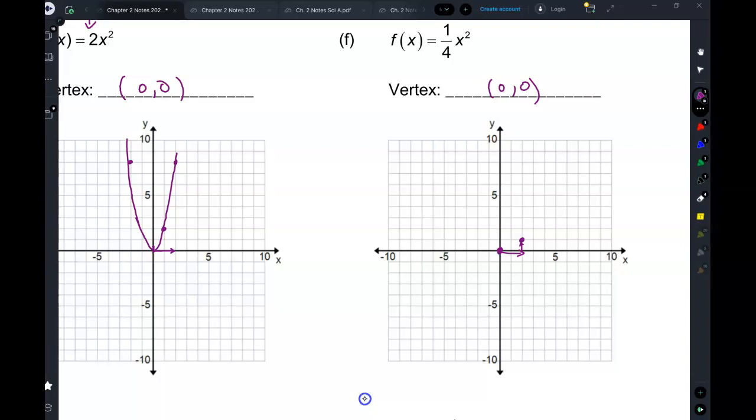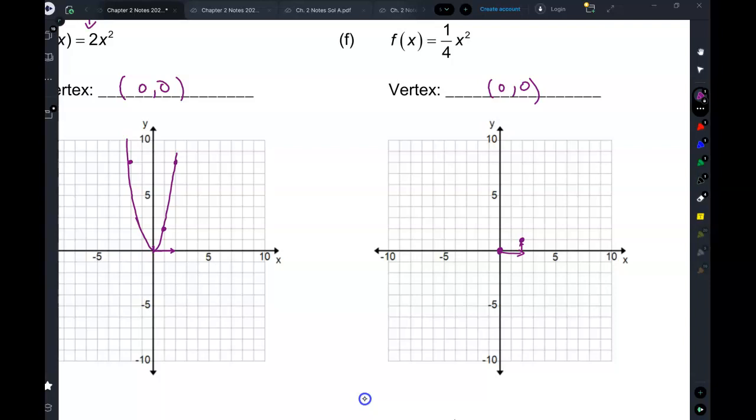Okay, so normally if I went over 1, I would have gone up 1 squared, right? But now it'll be 1 squared times a quarter, so it'll be a quarter. But if I go over 2, I should have gone up 4, but now it's 1/4 times that, so it's just 1. Okay?